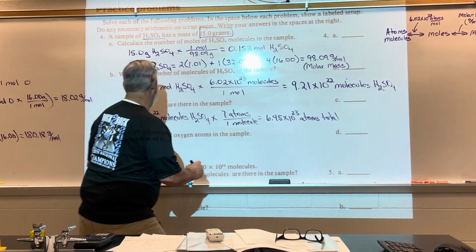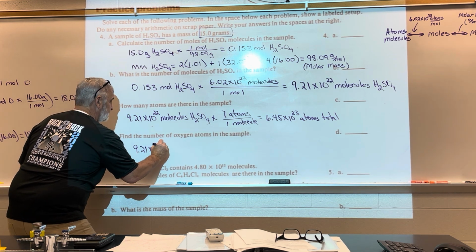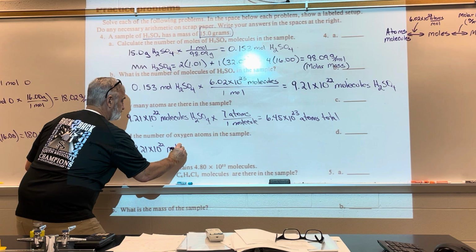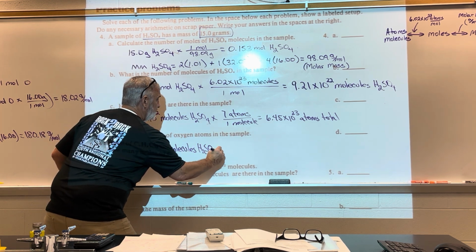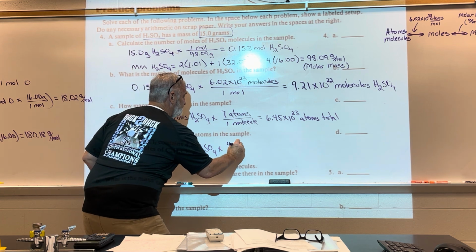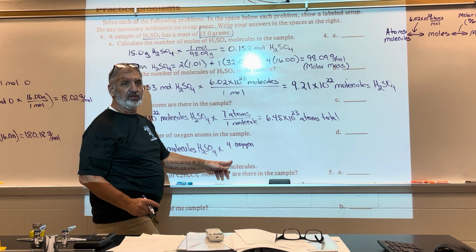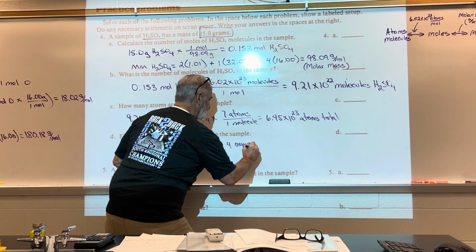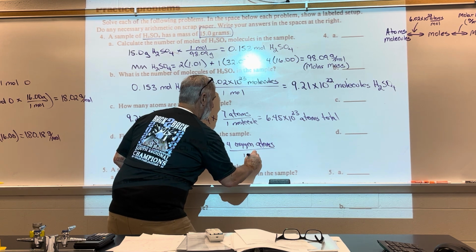So I'm just going to say 9.21 times 10 to the 22nd molecules of H2SO4 times 4 oxygen. And I have to write it out because if I just put O, it makes it look like it's a 40. 4 oxygen atoms over 1 molecule.